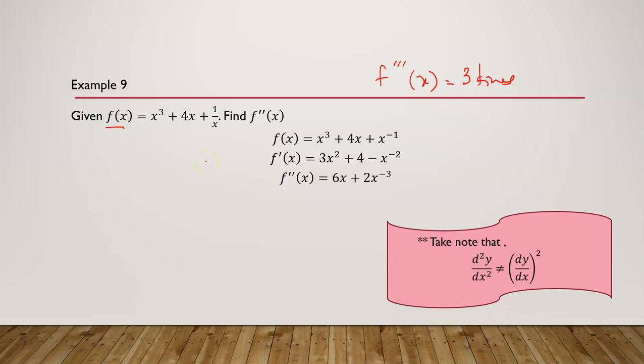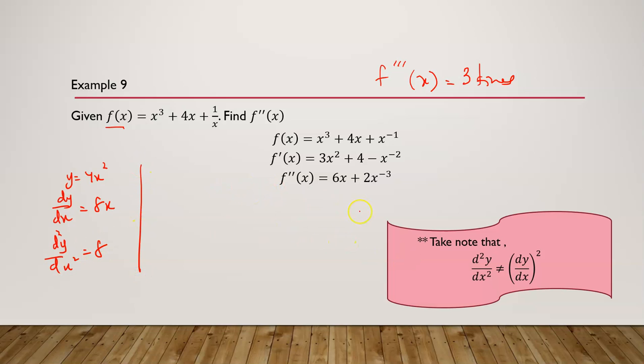Okay, so please take note that the second differentiation is not equal to dy over dx squared. I'll give you example. If I give you y equals to 4x square, so dy over dx is 8x. So d square y over dx square is 8.